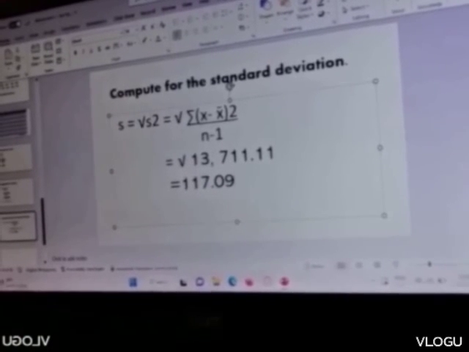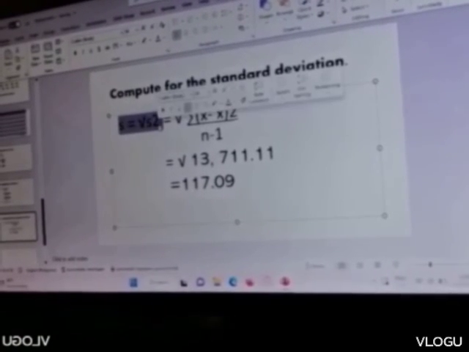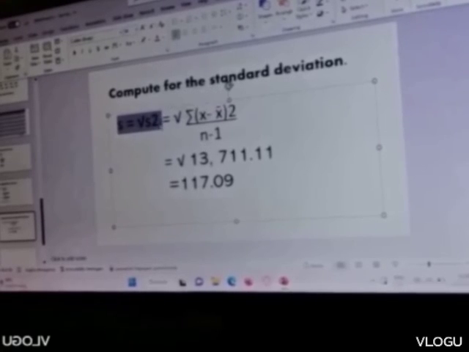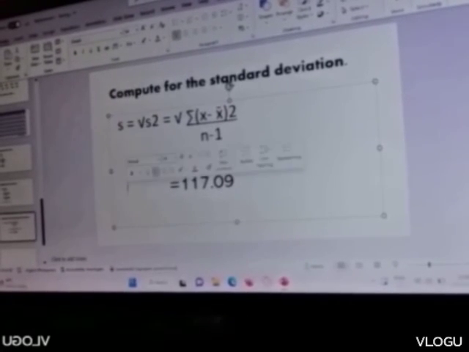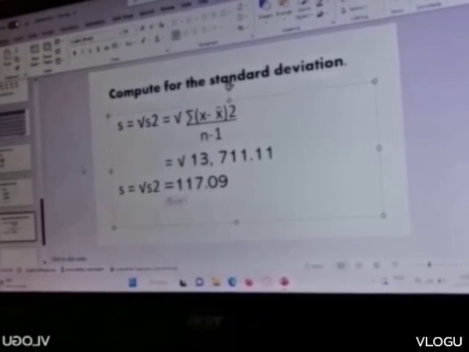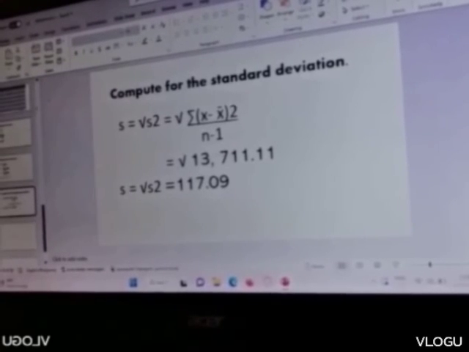So that is the standard deviation. And we're done computing.